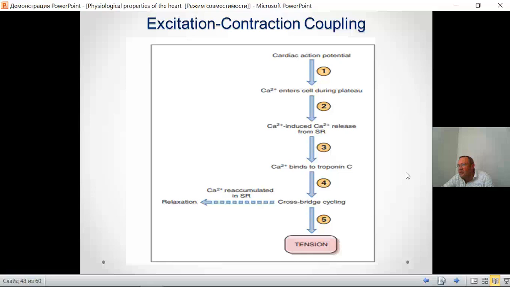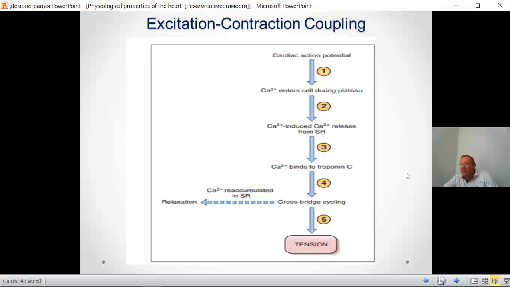Second, entry of calcium ions into the myocardial cells produces an increase in intracellular calcium concentration. This increase in intracellular calcium concentration is not sufficient alone to initiate contraction, but it triggers the release of more calcium ions from stores in the sarcoplasmic reticulum through calcium release channels.